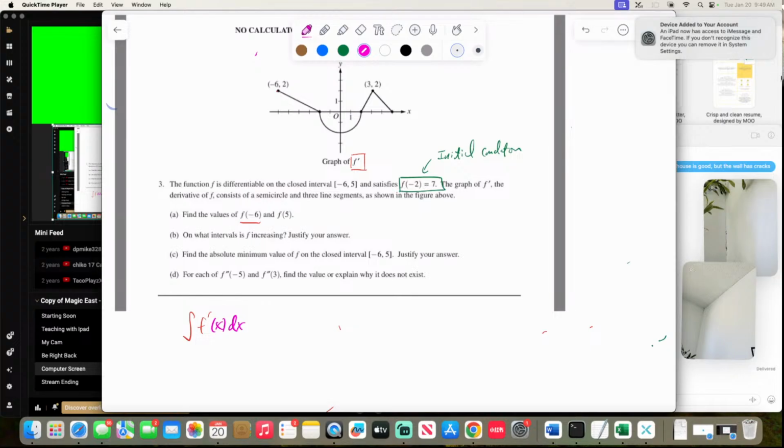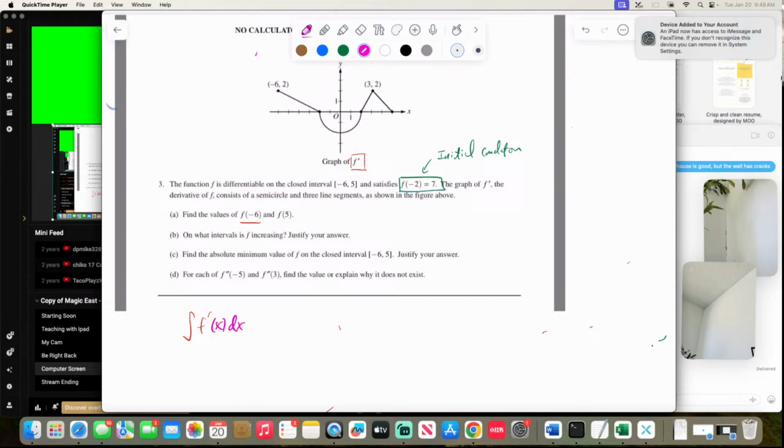F double prime of -5 is just looking at a slope. So the slope is -2 over 4, which you can say -1/2 or -2/4. They both are acceptable, both answers are fine because one is not simplified.